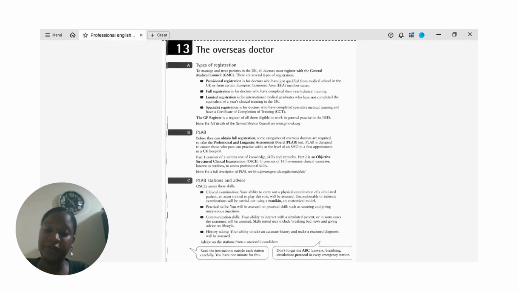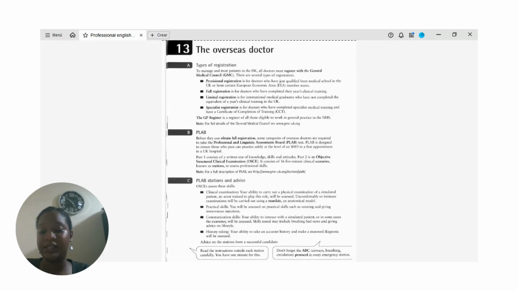B. PLAB. Before they can obtain full registration, some categories of overseas doctors are required to take the Professional and Linguistic Assessment Board test. PLAB is designed to ensure those who pass can practice safely at the level of an SHO in a first appointment in a UK hospital.